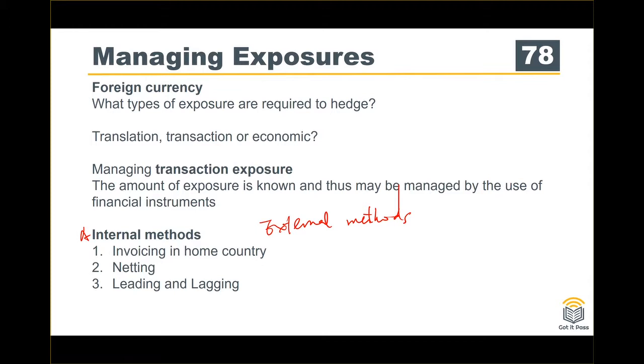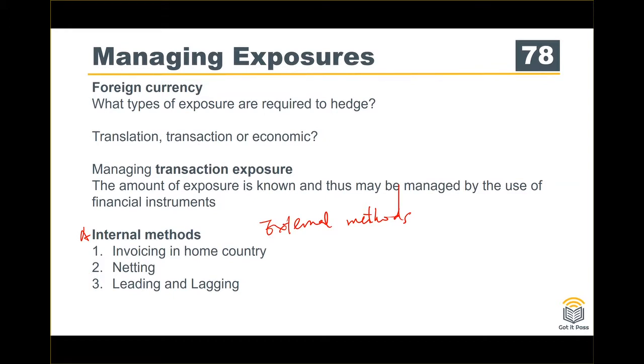For example, invoicing in the home country. It is easy. For example, if I'm a British company, I just issue the invoice in British pounds. Then I have no foreign exchange risk. All the risk will pass through to the customer. So it's the first method. Suppose your company has very strong bargaining power.